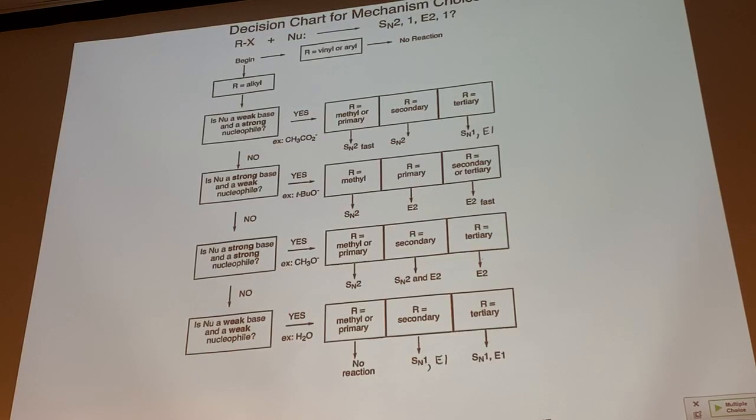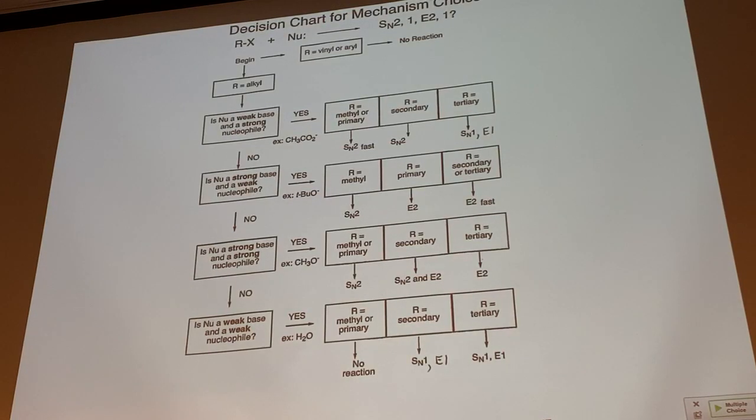And then our last category, weak base, weak nucleophile. So here we can't have SN2, we can't have E2, so we're stuck with waiting around for the carbocation to form and undergoing SN1 or E1. What that means is that our primary and methyl halides will not react because the carbocations are too high in energy and the barrier to form them is even higher.